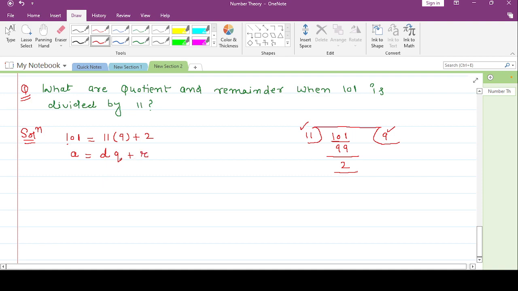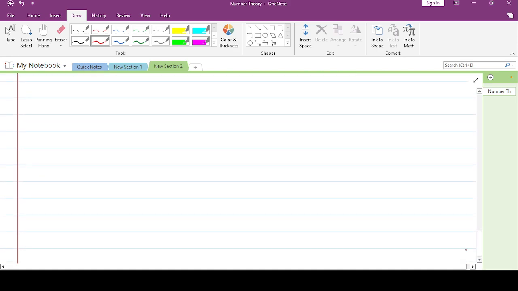Now compare this with that. The value of q is 9 and the value of r is 2. You see that the remainder here is positive, so this is the answer of the problem. But if we want to divide a negative number by a positive number, how do we solve the question?